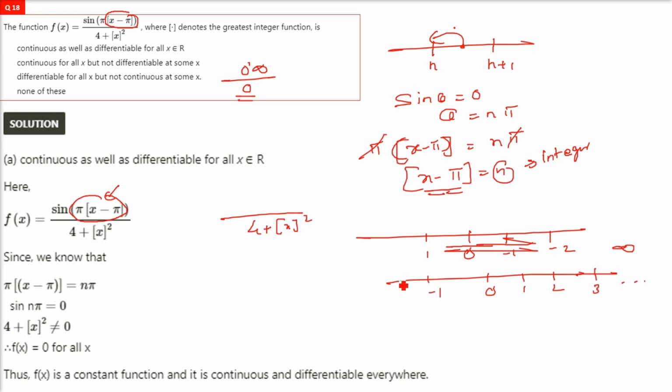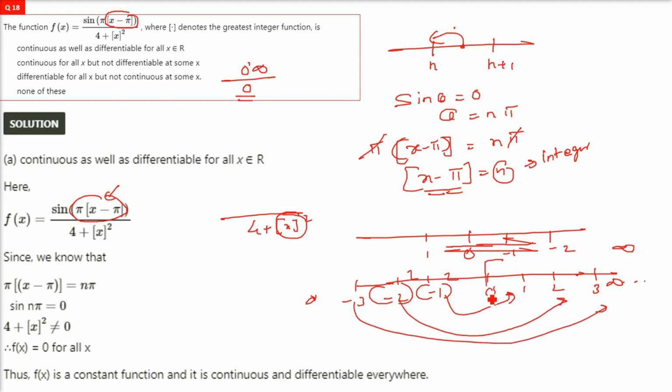Always the greatest integer function will give you an integer value, 1, 2, 3, minus 1, minus 2, minus 3. But in the question it is a square. So when you square negative 1 you'll get 1, and negative 2 whole square gives 4, right? So you'll always get a minimum value of 0, and more it goes up to infinity, all the integers.